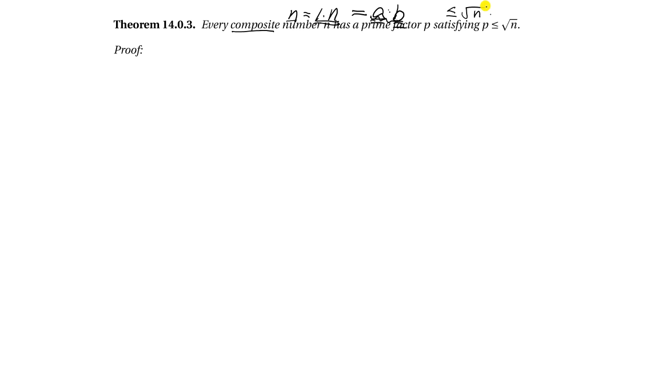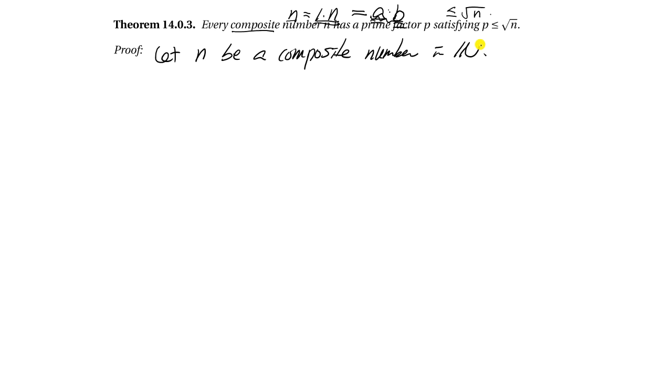So let's just prove it. Let's take any arbitrary integer n that is a composite number. Of course, in the natural number set, right? Right now we're talking about just positive integers.